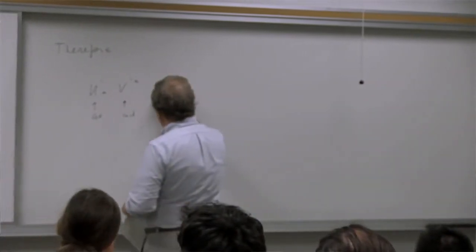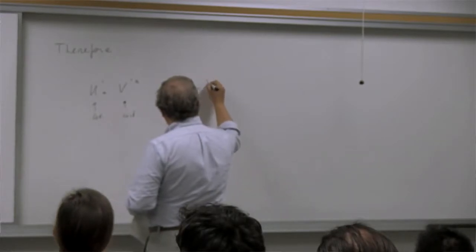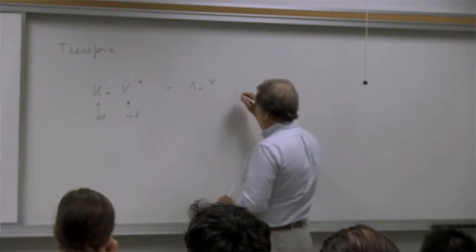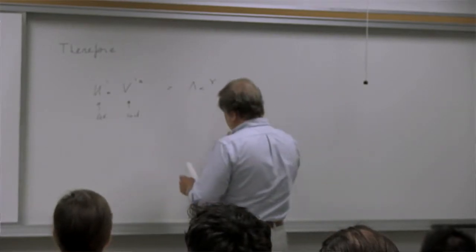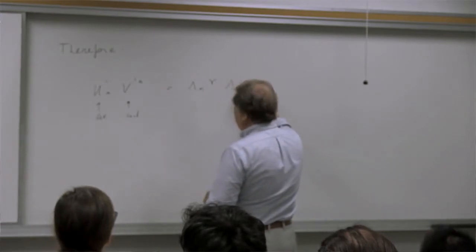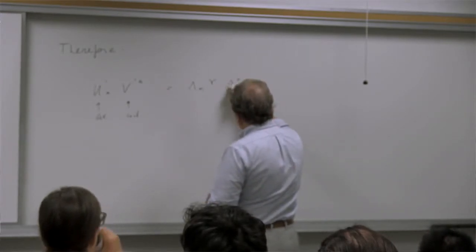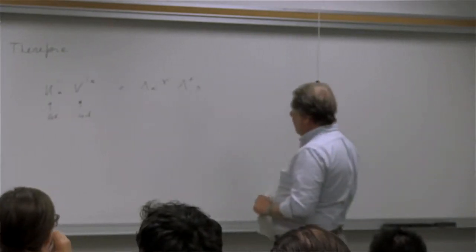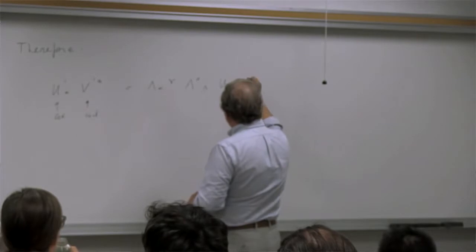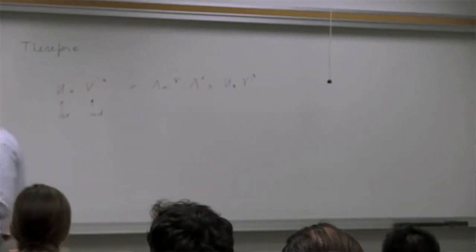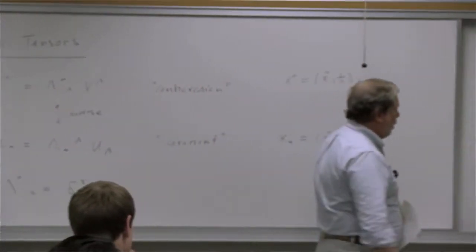So this is equal to lambda alpha gamma for the first one, and lambda alpha beta for the second one, times u gamma v beta. And because of this relationship that you have here, this is just a Kronecker delta.